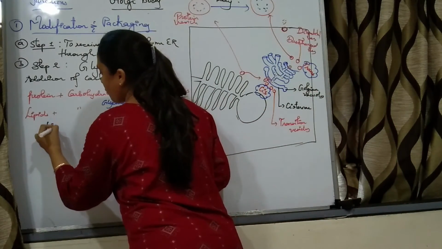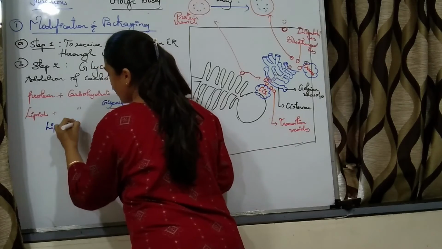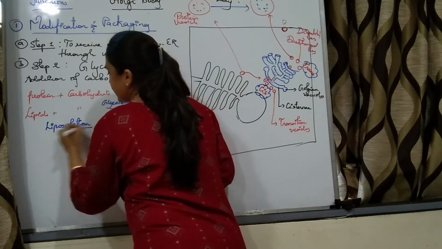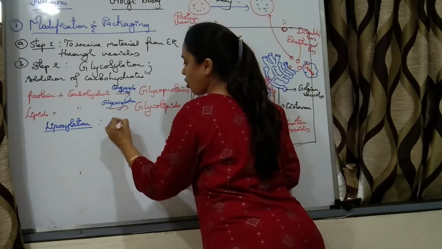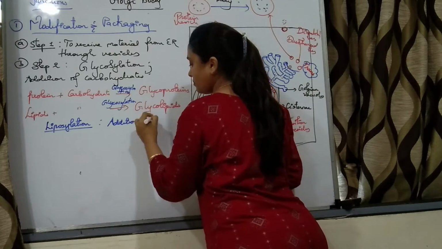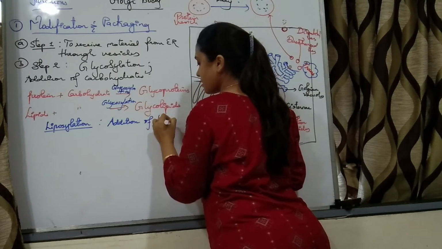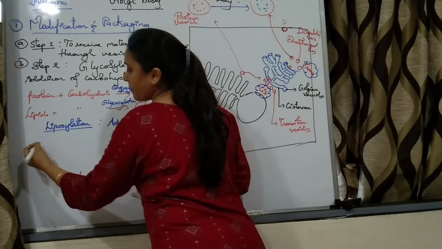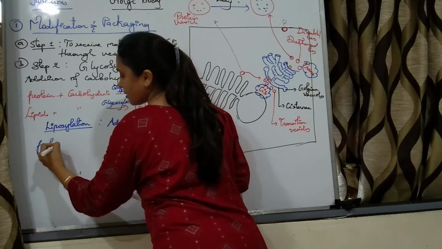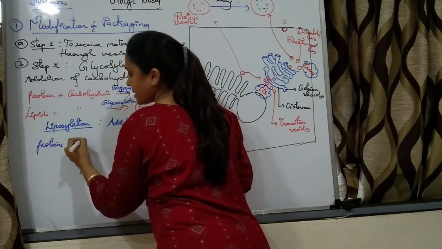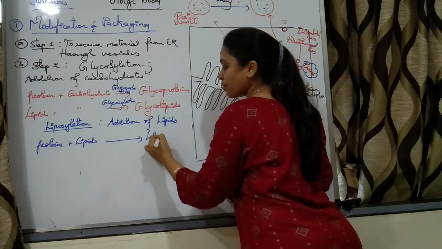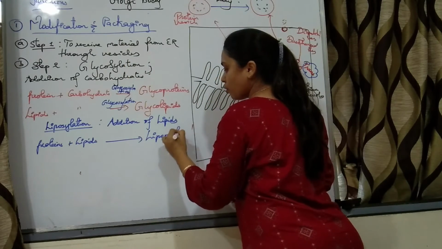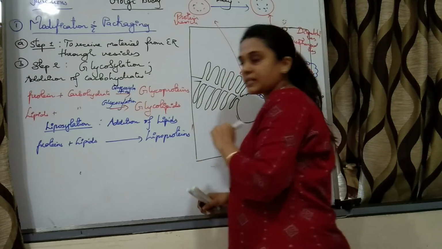Then it also performs the function of lipidation, that is addition of lipids. For example, if proteins are there and lipids are added, what are we going to get? Lipoproteins.